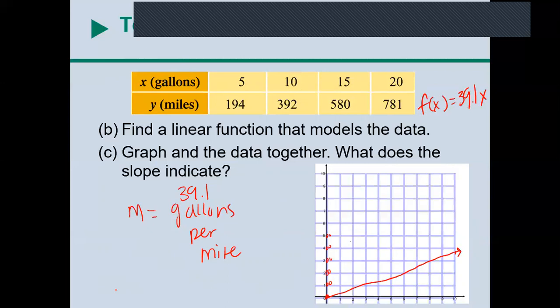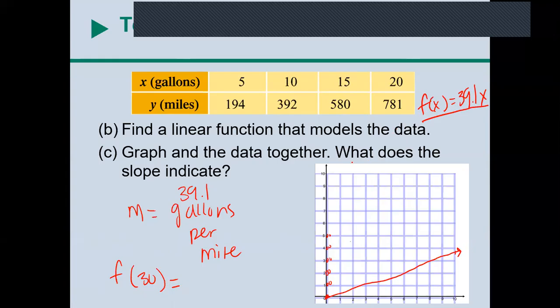So if I asked you, find f of 30. What would you do to do that? We have our equation. I've given you function notation.